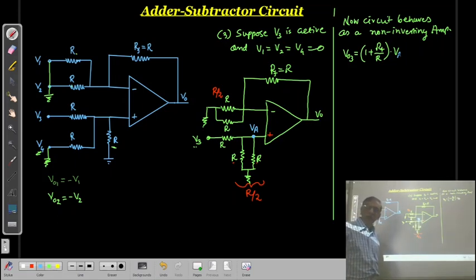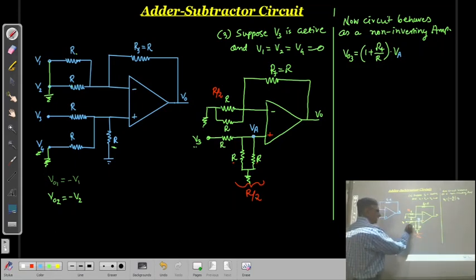Now we have to find out what VA is. This potential VA will be what? So here if you apply the potential divider rule, then you can find out VA. Here we have the effective resistance R by 2.